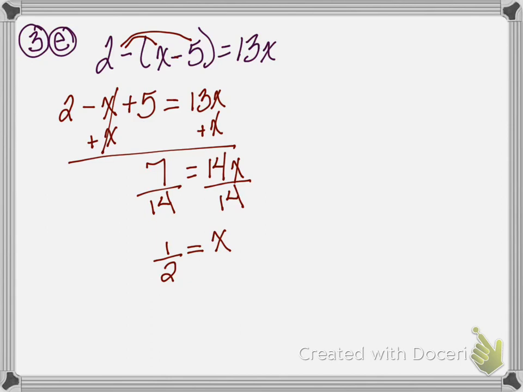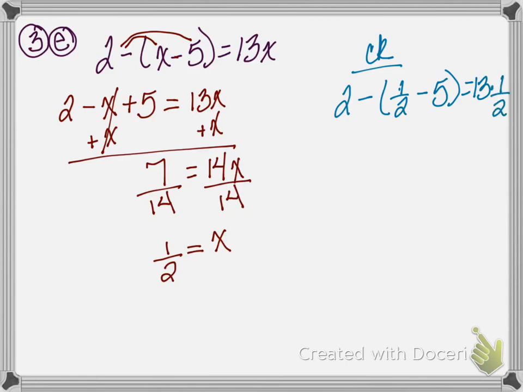And I actually don't think that's right. So let's go ahead and check this just to make sure, because I need to fix that on your final exam review answer sheet. So let's check this. So I have 2 minus 1/2 minus 5 equals 13 times 1/2.